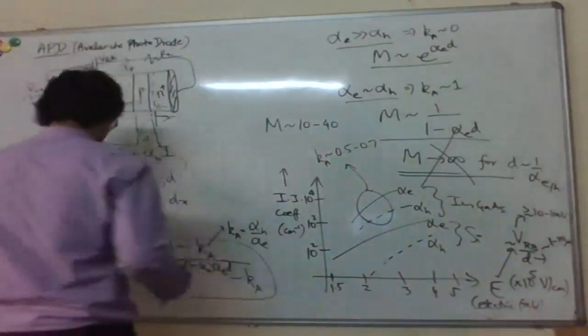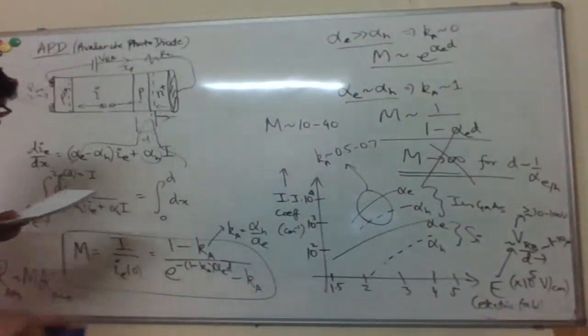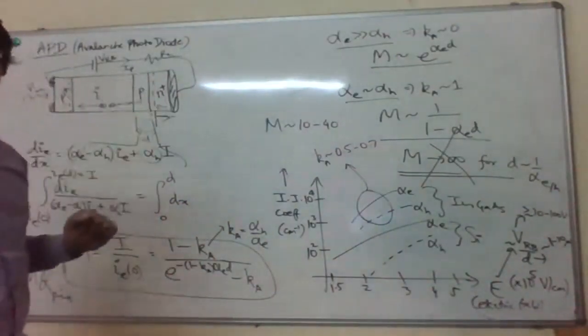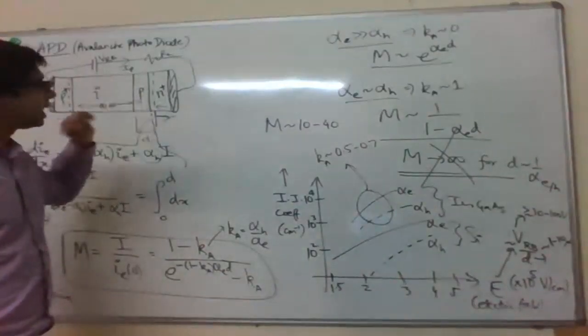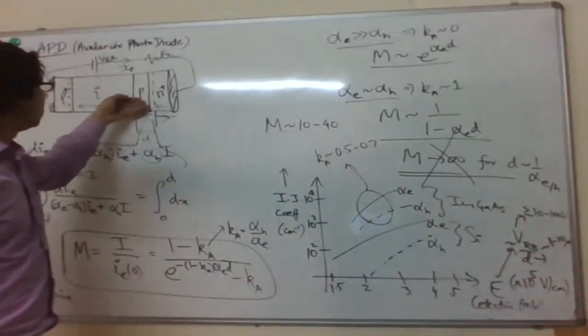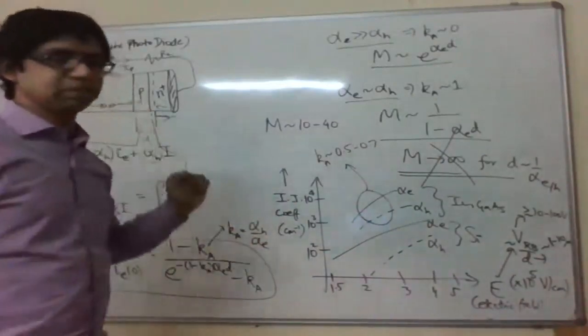Now, of course, it doesn't come for free, right? In addition to the carriers flowing across the intrinsic region, they're now causing this multiplication. So there's an effective increase in the transit time across this avalanche multiplication region.